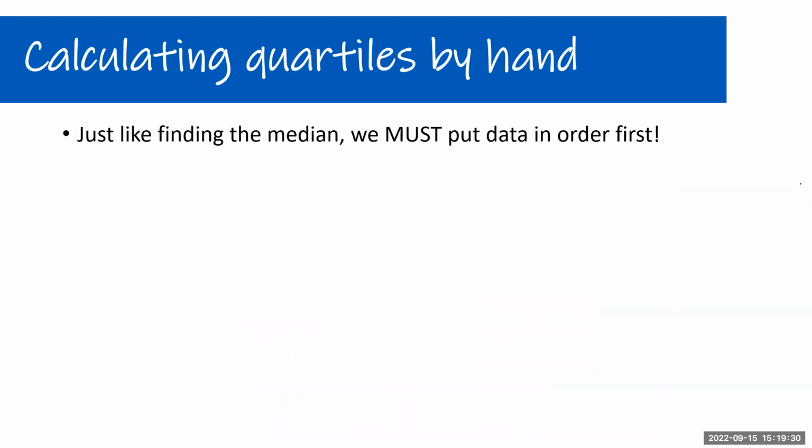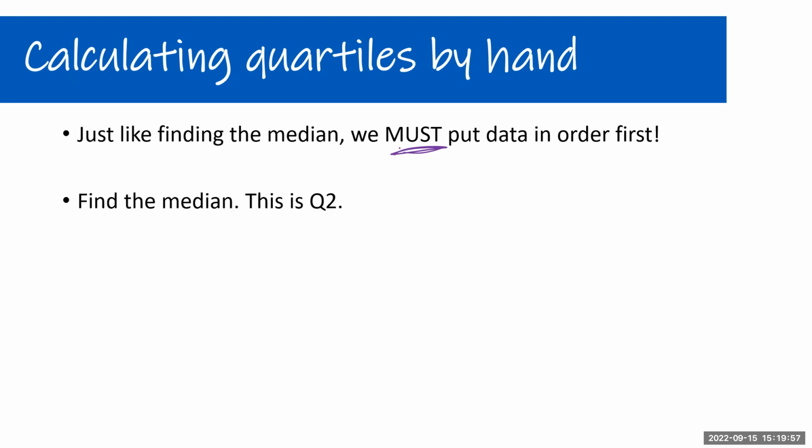If we want to calculate quartiles by hand, notice we didn't talk about percentiles by hand, and we won't do percentiles by hand in this class. But if we want to calculate quartiles by hand, it's similar to finding the median. If you liked finding the median by hand, you're in luck because you're finding medians a few times here. The first thing you must do is put that data in order. Again, if you don't put your data in order, you're going to be in a world of hurt. You're going to get a lot of wrong answers.